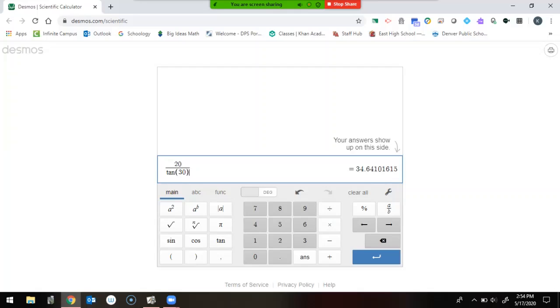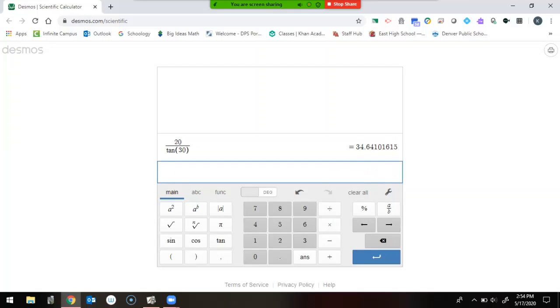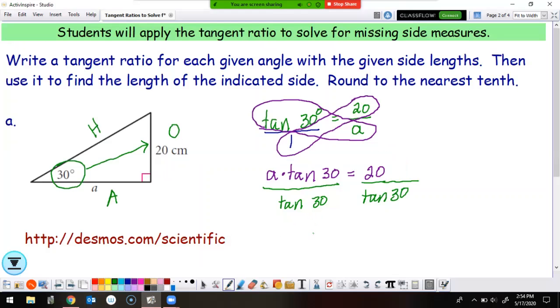And it's already put an answer there, but I'm going to go ahead and press the enter because we're done with the operation that we need. And rounded to the nearest tenth is 34.6. So when we go back, we can say that A is approximately 34.6, and we have units on this triangle, so we can say 34.6 centimeters.